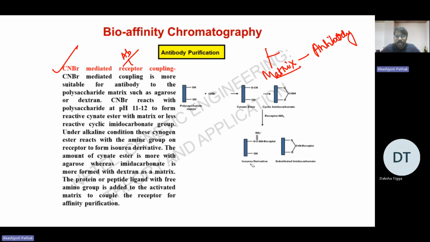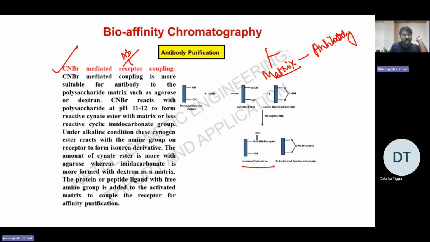So when you treat it with cyanogen bromide, it will form the cyanate ester, and this cyanate ester will react with the free amine group present on the receptor, and you get an isourea derivative. This way your receptor remains immobilized on the surface of the polysaccharide matrix.